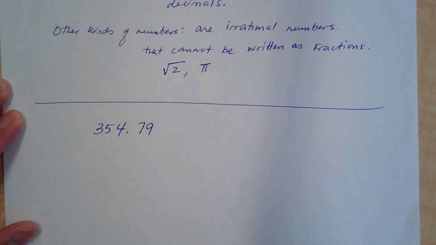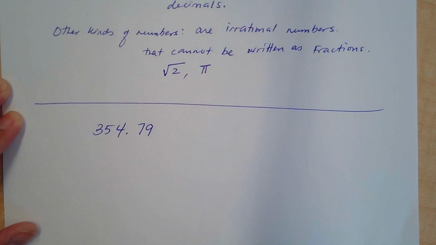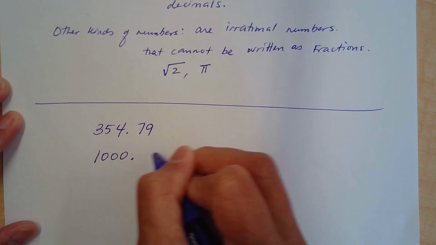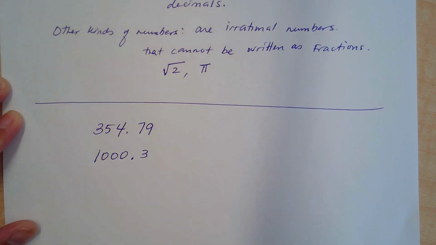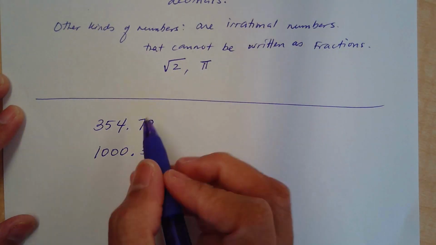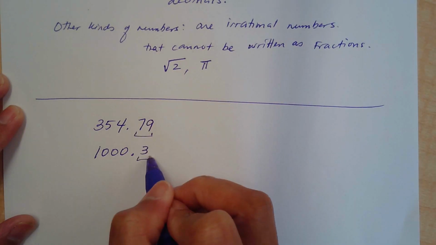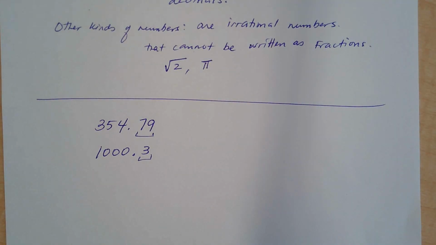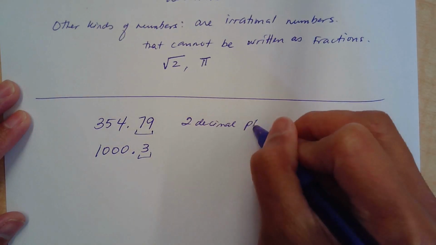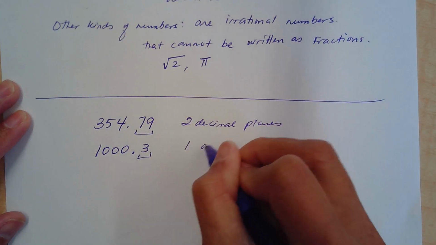How many decimal places is this? 2, right? And how many decimal places is that? 1, right? So we only look at how many numbers after the decimal. That's why it's decimal places. So this is 2 decimal places, and this is 1 decimal place.